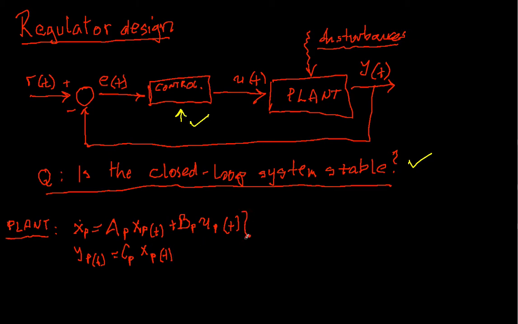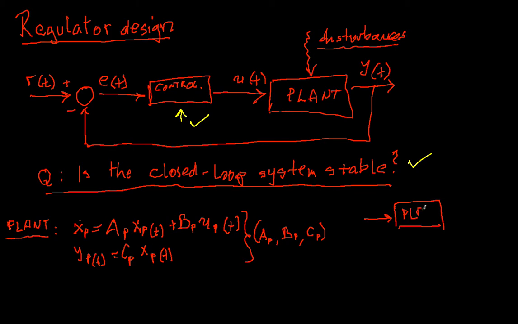By providing these equations, in other words, A plant, B plant matrices, and C plant, we completely determine the plant model dynamics.